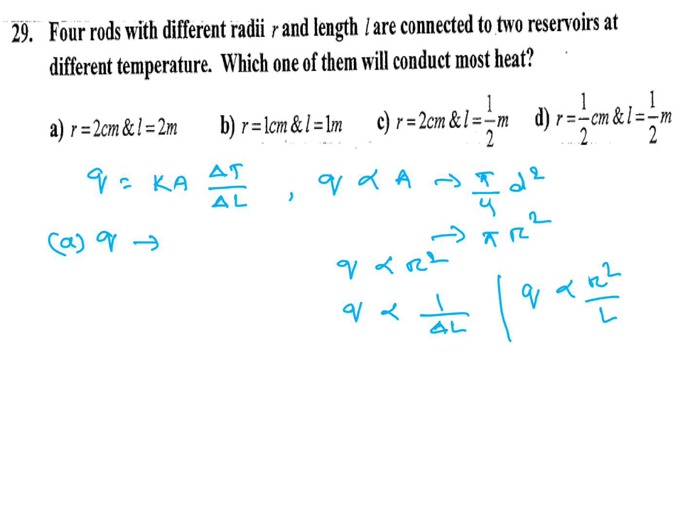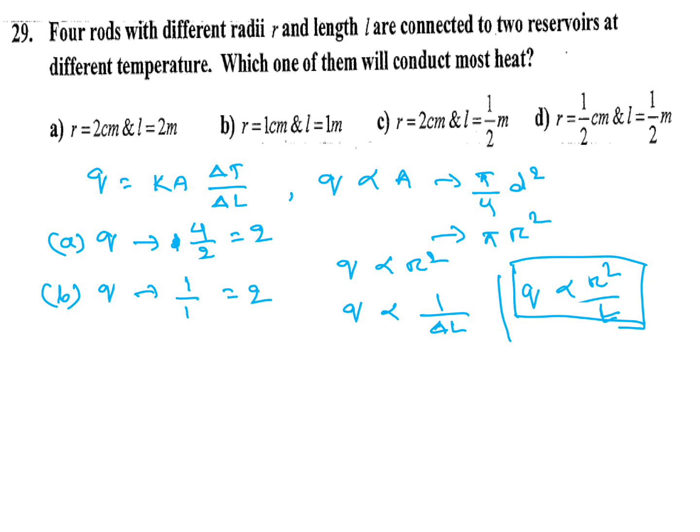Here R from option A is 2 cm, L is 2 cm. If we square we will get 1. In case of B we will use R square by L. Here we will get 4 by 2, it's 2. Next R is 1 cm, L is 1. 1 square by 1, we get 1.